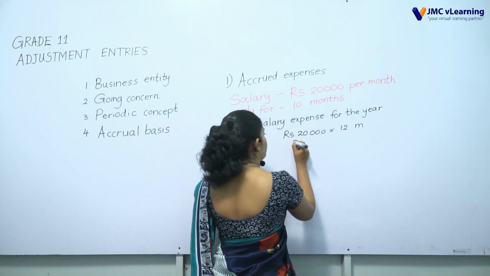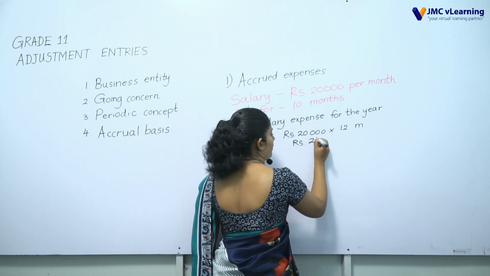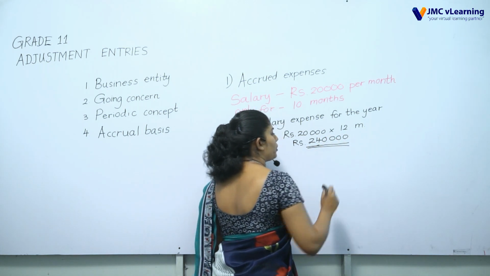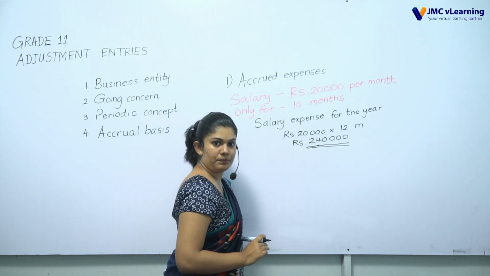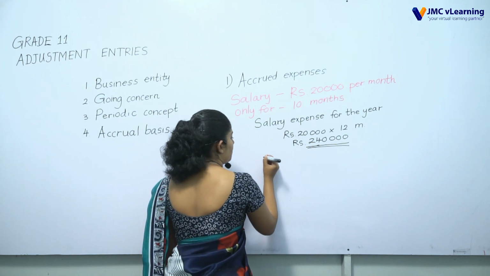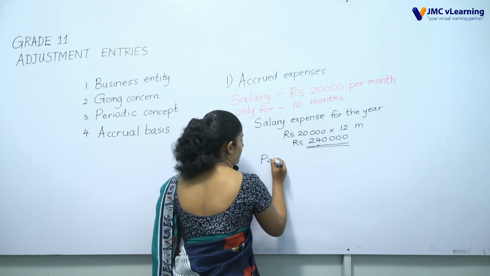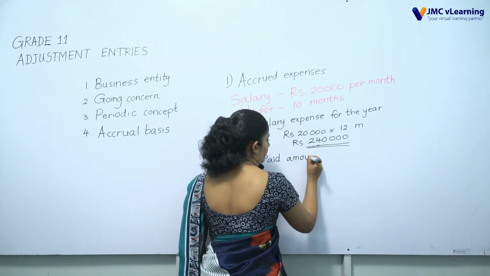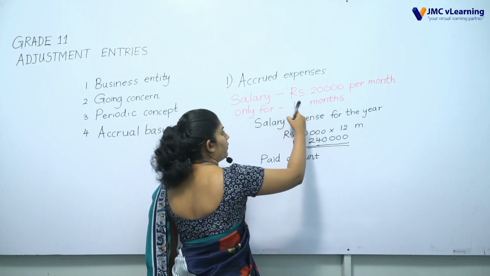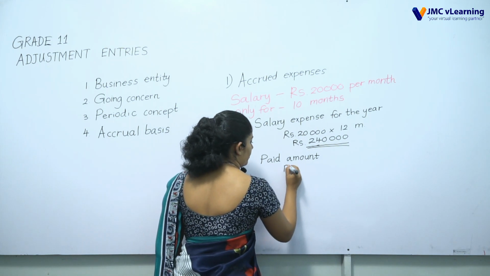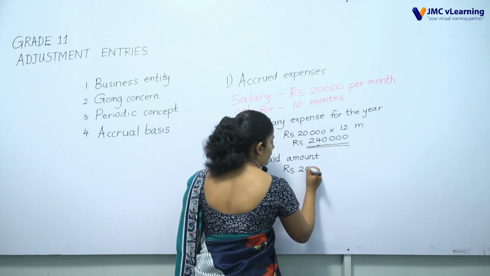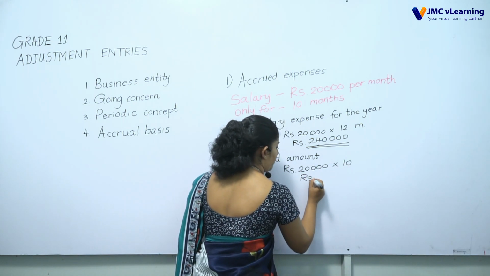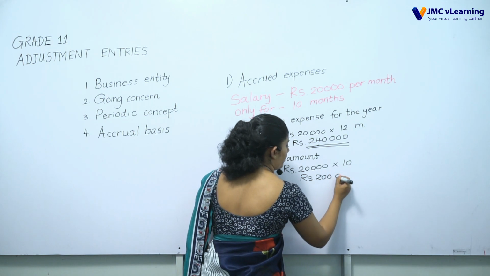All in total 240,000. I am liable to pay this amount, but I have paid only for 10 months. 20,000 for 10 months, I have paid 200,000.